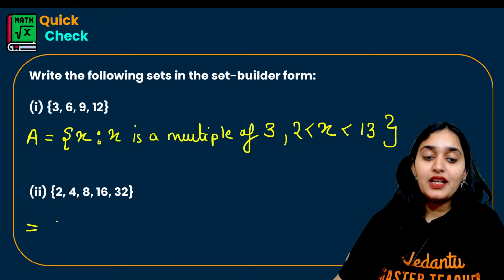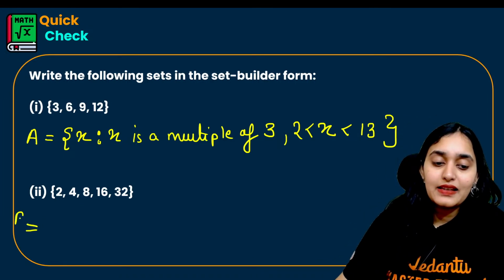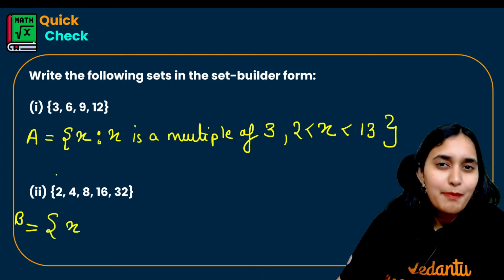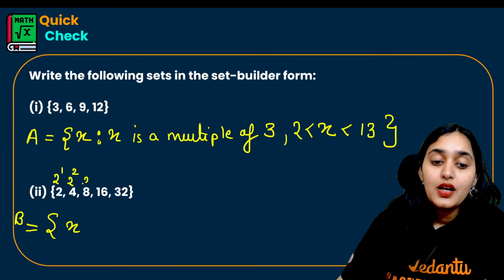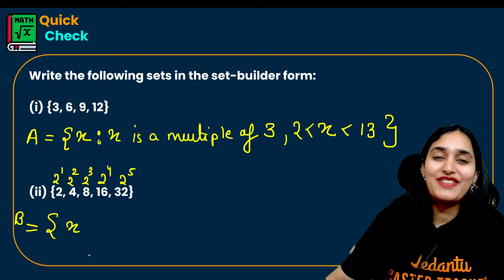Similarly here, very, very interesting. What is x here? Can you observe the pattern? The pattern is 2 to the power 1, 2 to the power 2, 2 to the power 3, 2 to the power 4, 2 to the power 5, right?